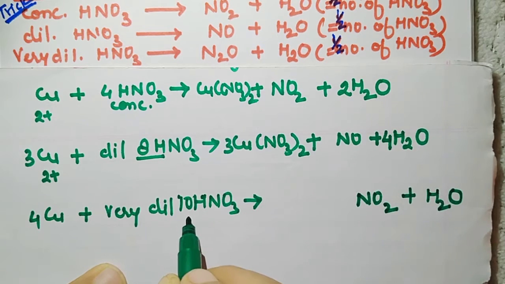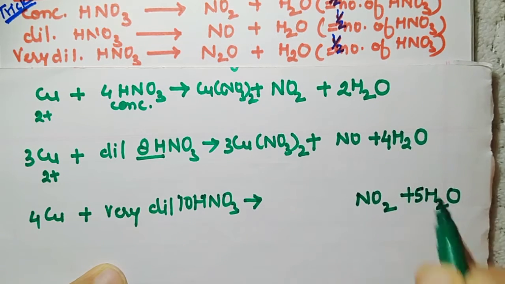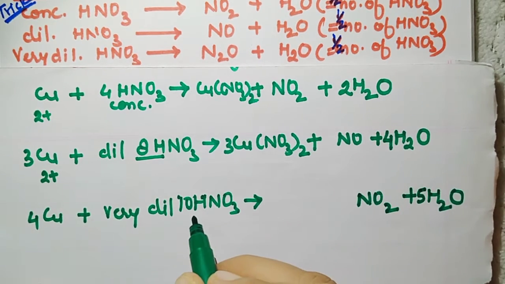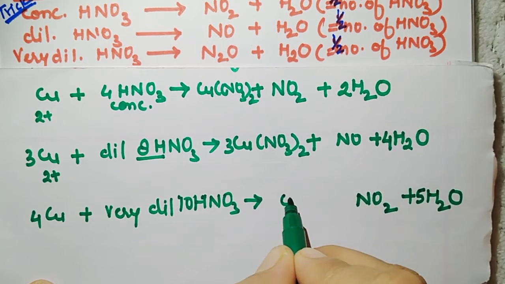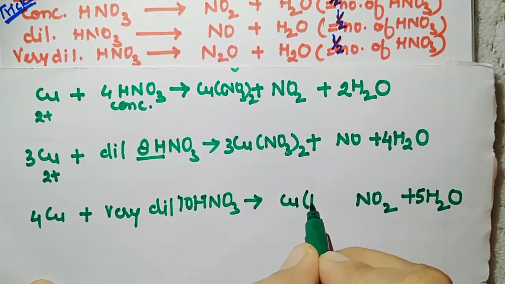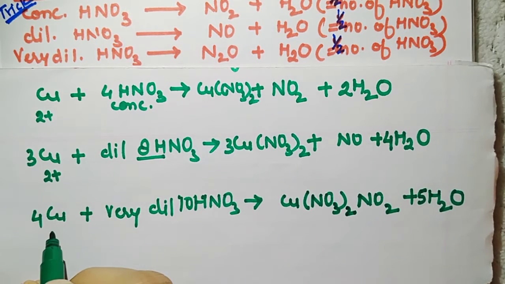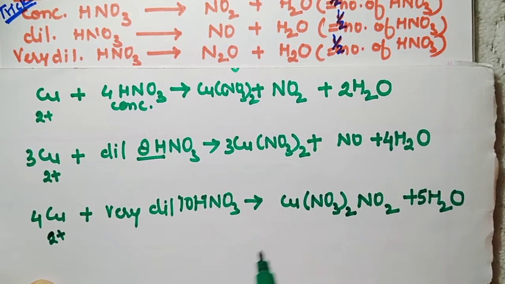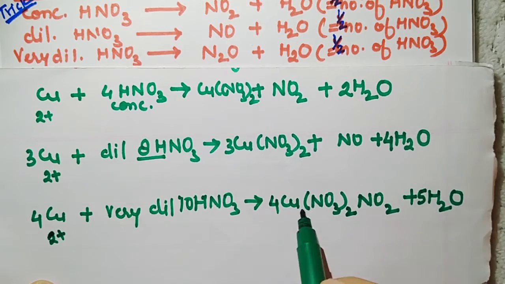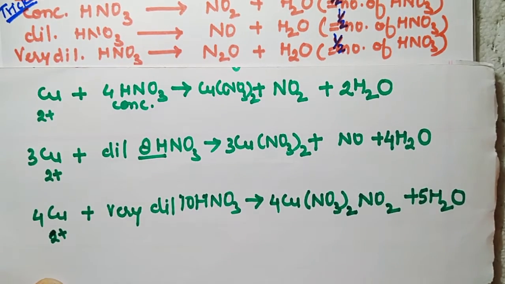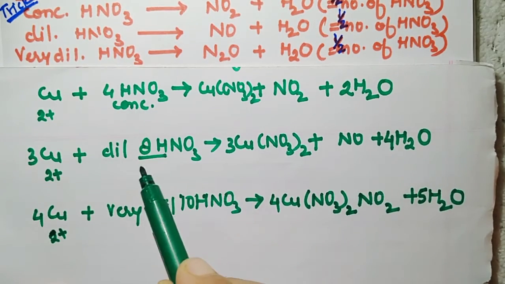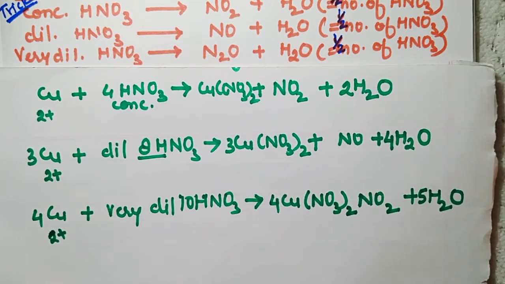And how much H2O? 10. This means 5. Now what will be here? Cu(NO3)2, because the valency of Cu is 2 plus, 4 Cu, therefore 4 Cu. So hence these are the reactions with concentrated, dilute and very dilute.